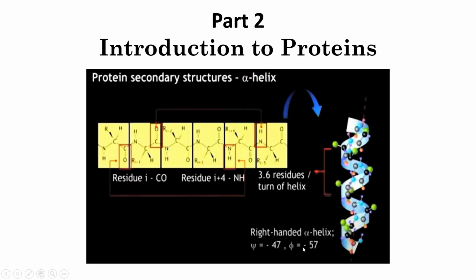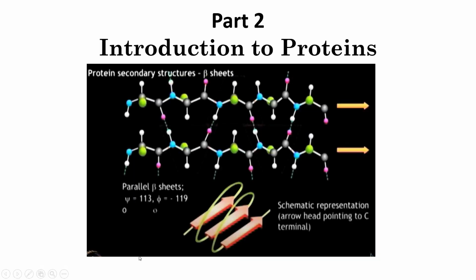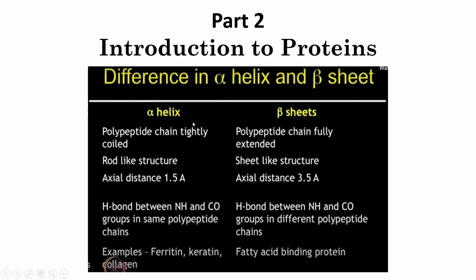There are some specific angles, and it can only be stable at those specific angles. Outside of these angles, they are not stable. Similarly, beta sheets can be parallel or anti-parallel. This is an example of parallel, indicating both amino acid sequences are going in the same direction, and anti-parallel indicating amino acid sequences are going in opposite directions.